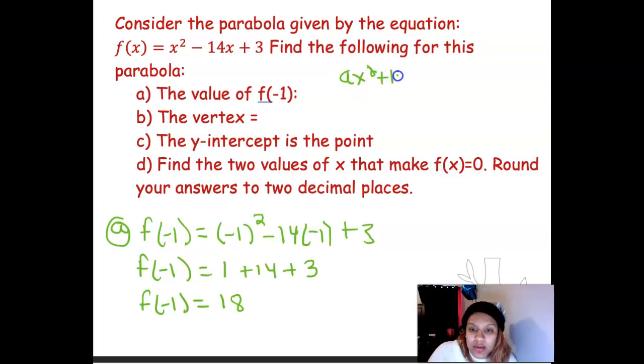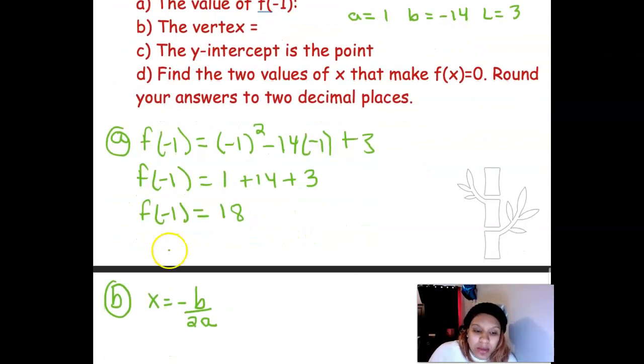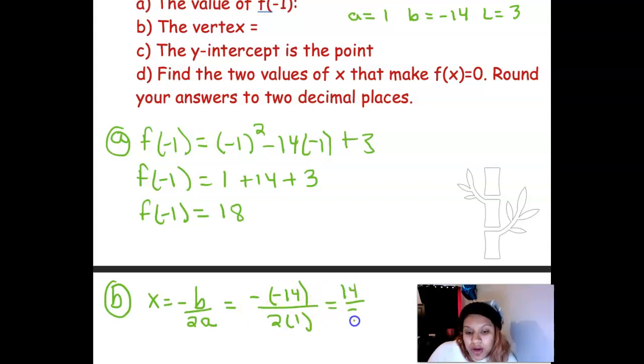So A, B, C means A is 1, B is negative 14, and C is 3. Using that information, I'm going to first find the x. So this is negative times a negative 14 over 2 times a. 14 divided by 2 gives me 7. Remember, a negative times a negative is a positive.